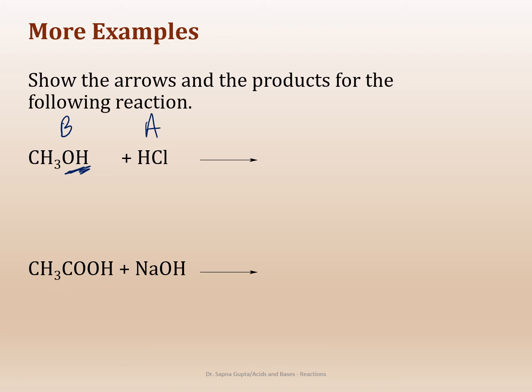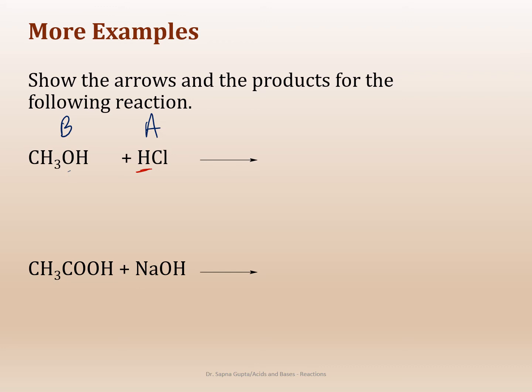Okay, now that we know we are dealing with acid as HCl, let's go ahead and write our arrows out. So how do we do this? We know that the proton is going to be this one right here. So what is accepting the proton? It has to be something that is electron rich because the proton is leaving without its electrons.